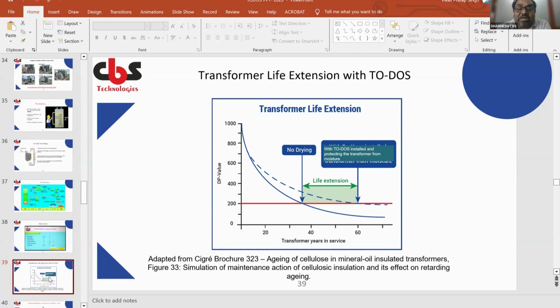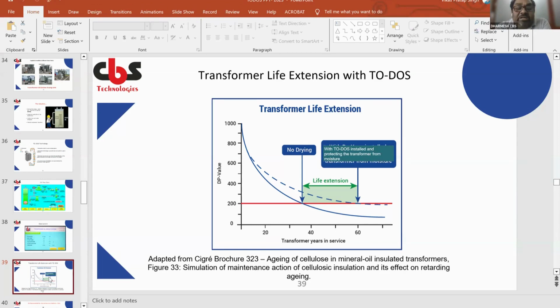This is adapted from a Cigre brochure 323, aging of cellulose in mineral oil insulated transformers. This figure is basically for simulation of maintenance of cellulosic insulation and its effect on retarding aging. This is taken from the Cigre brochure.